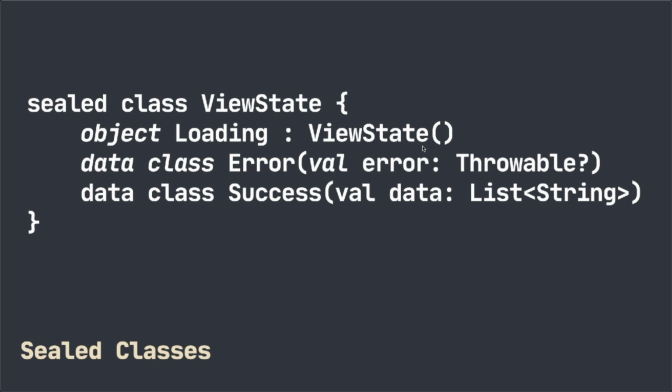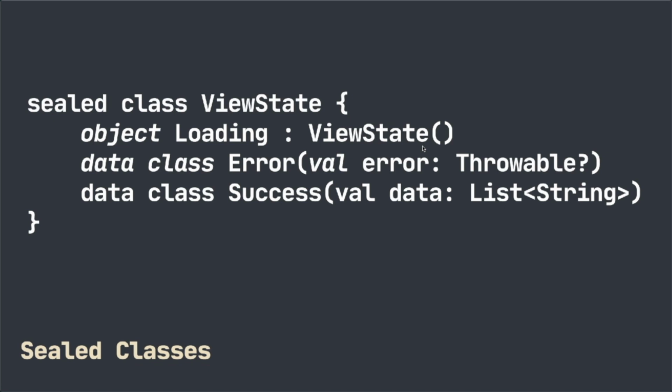So here, the only 3 types of view state that can exist are loading, error, and success. This makes it really easy for us to make sure that we handle all the different cases of view state in, say, our activity or fragment where we're getting a view state from a view model. Within the implementation of each individual view state child, we can use different class types.